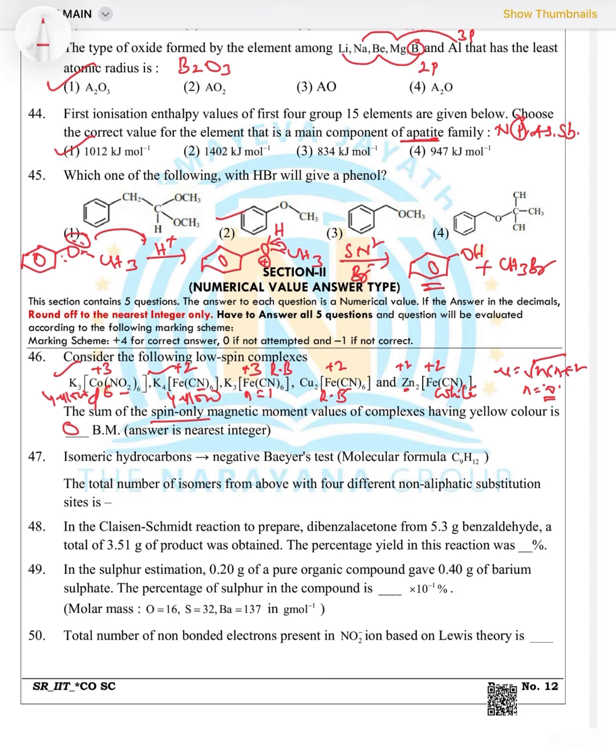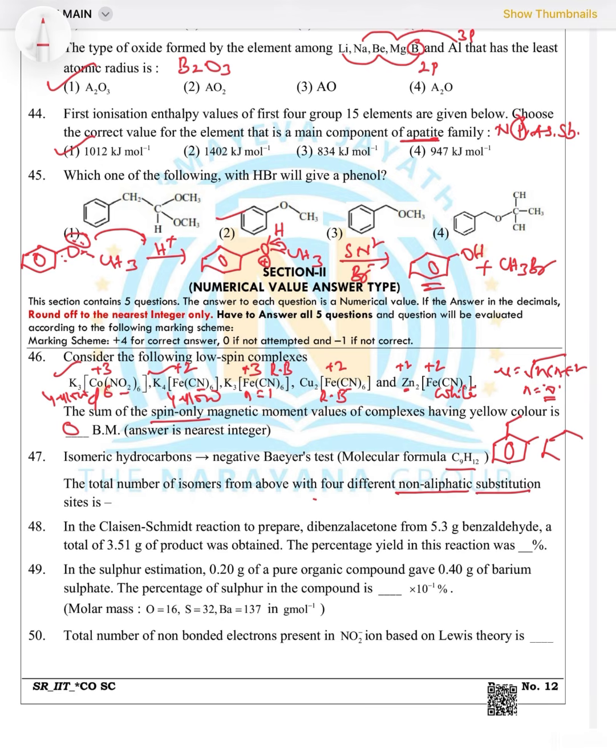Isomeric hydrocarbons give a negative Baeyer's test. The molecular formula is given as C9H12. Find the total number of isomers with 4 different non-aliphatic substitution sites. With this molecular formula, 2 compounds are possible. One is this, C9H12.